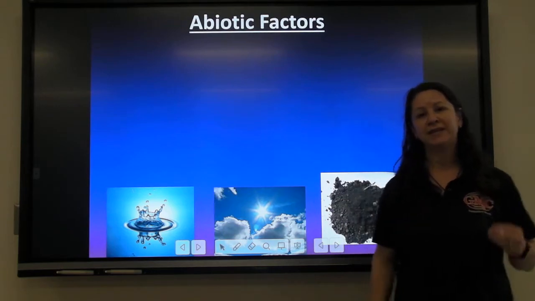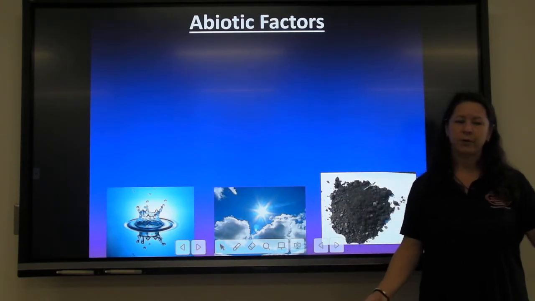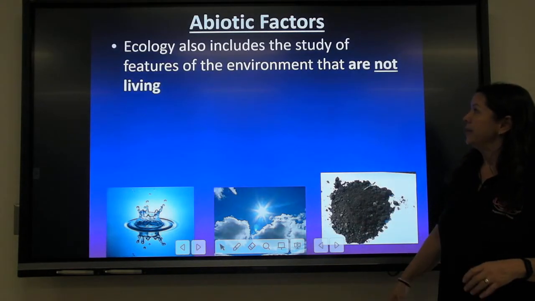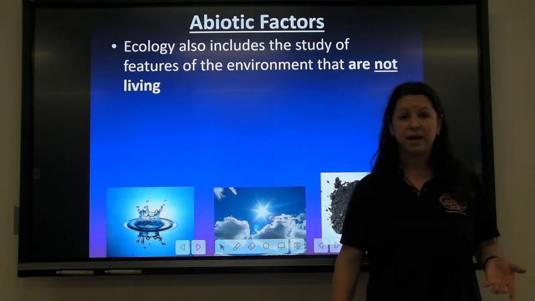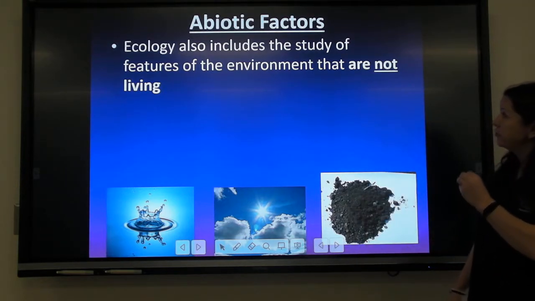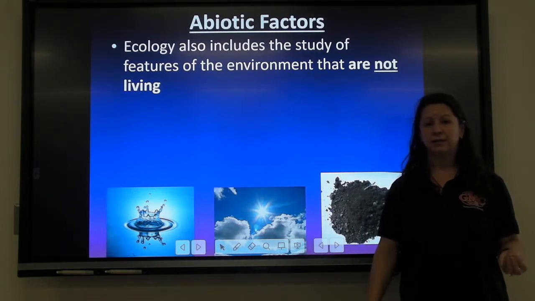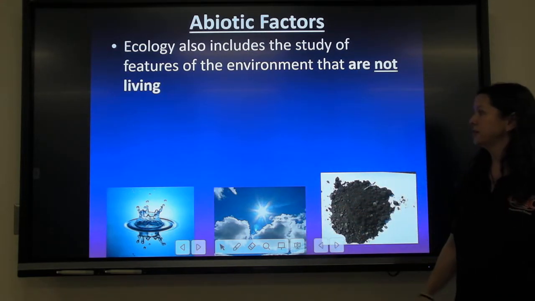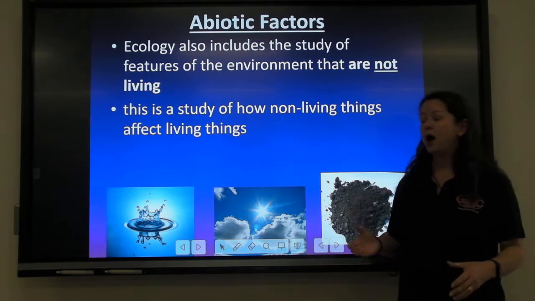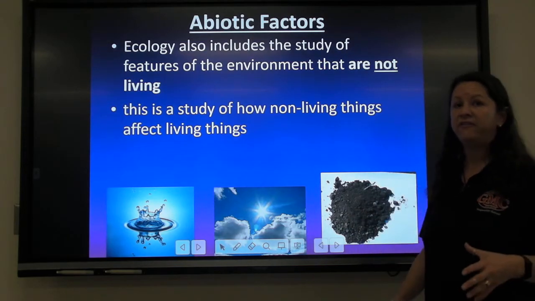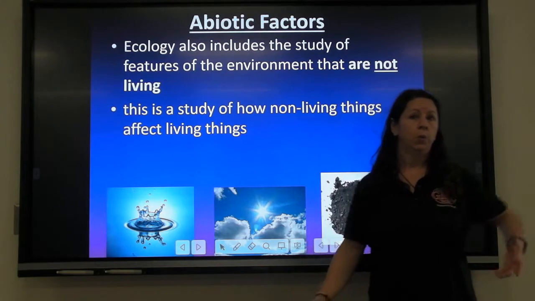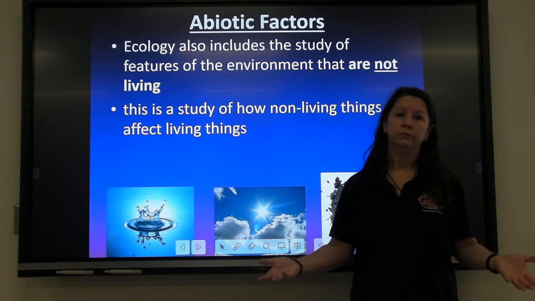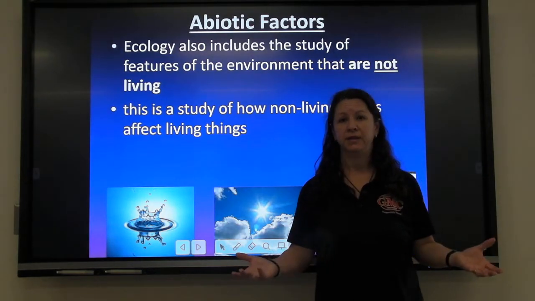Abiotic factors: the prefix a means without, so abio, without life. So ecology also includes the study of features of the environment that are not living. Y'all, non-living things have an effect on us. So this is a study of how those non-living things affect living things. One of the things that we need to stay alive is food. Well, most food is from living things.